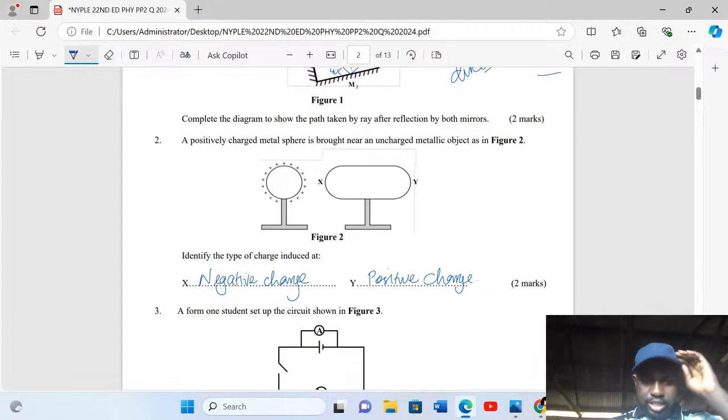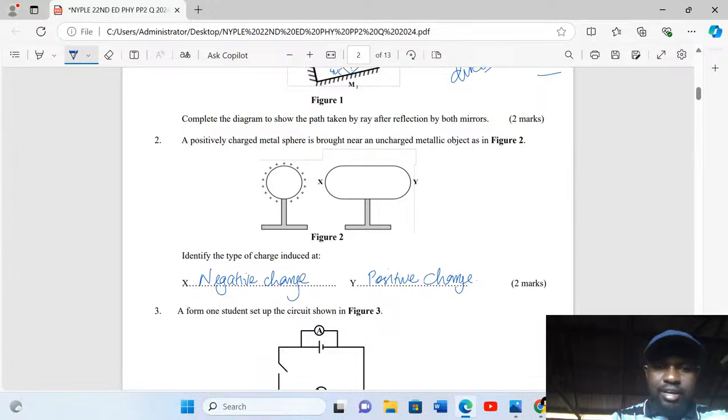If you cannot write this, we still have another option where you can indicate on the diagram that we have negative charges here while we have positive charges here.